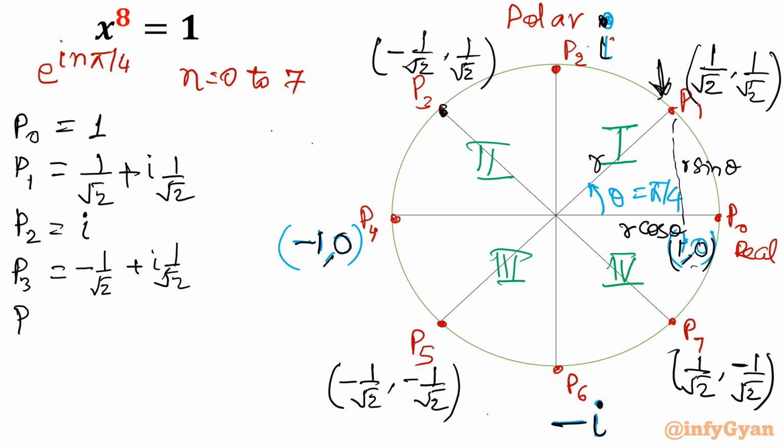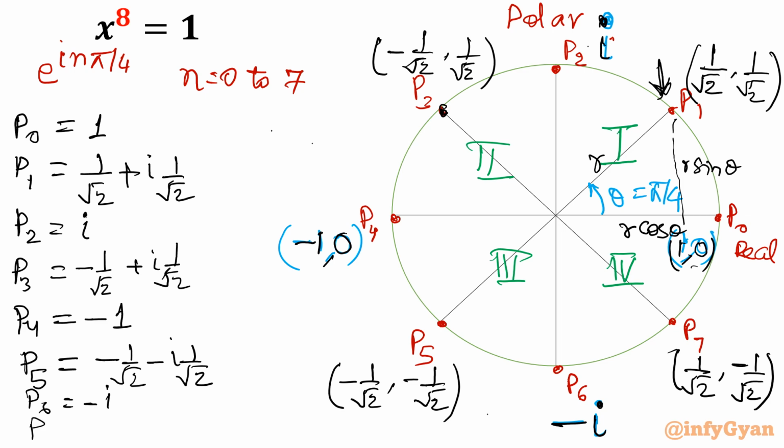P4, negative 1. P5, these are solutions. Minus 1 over root 2 minus iota 1 over root 2. P6, minus I. P7, 1 over root 2 minus iota 1 over root 2.